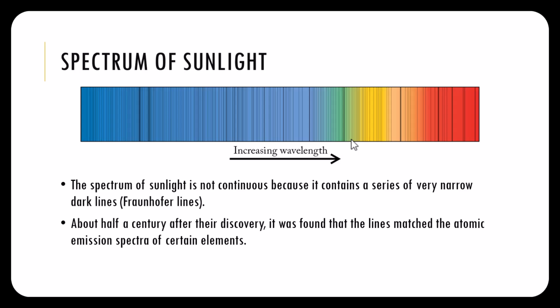But when we zoom in and take a look at the details, what we notice is that there's some dark lines kind of scattered throughout this continuum. So it's not this smooth rainbow that we would expect. There's actually something quite choppy going on in the middle of this.